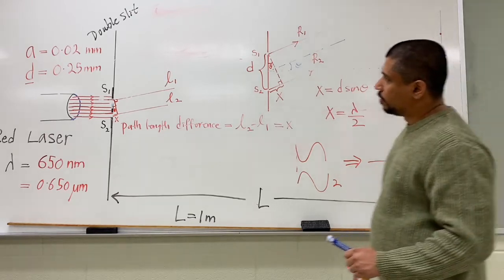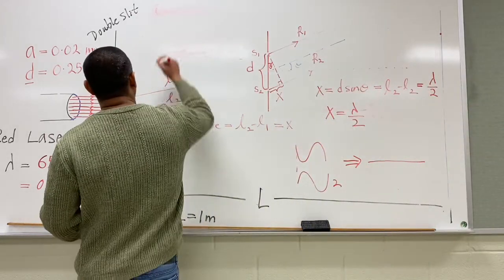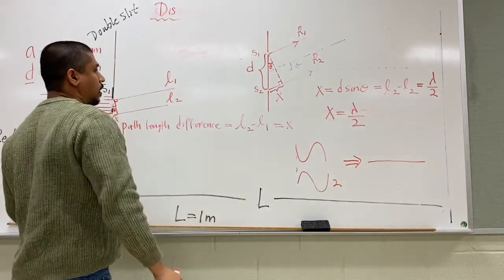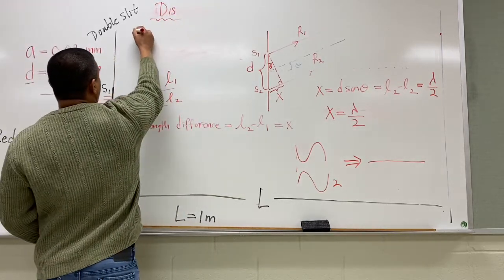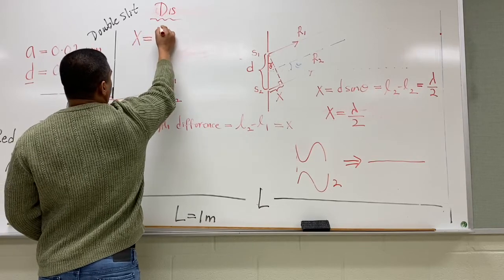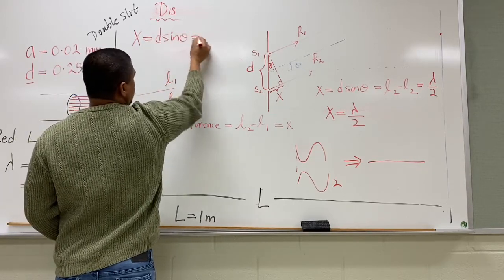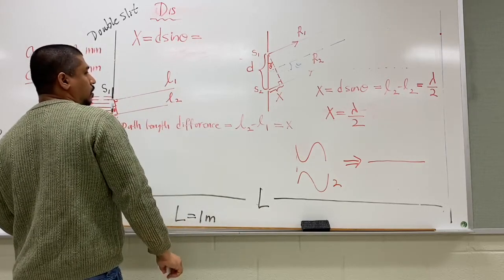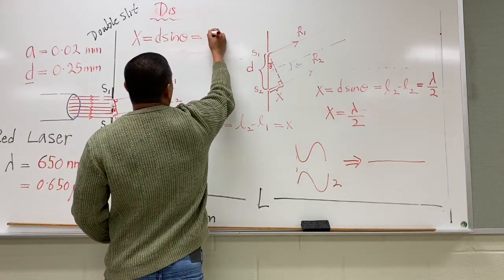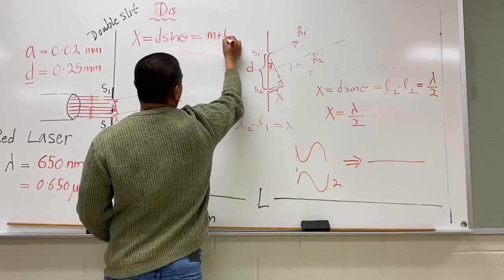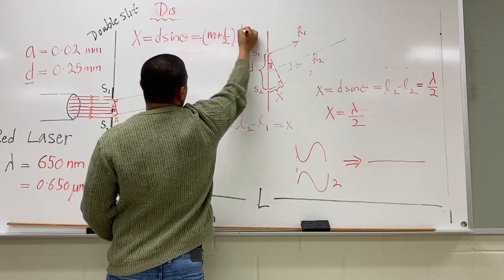So you have destructive interference. So what is the condition for destructive interference? The destructive condition is path length difference x, which is d sine theta, equals (m plus half) lambda.